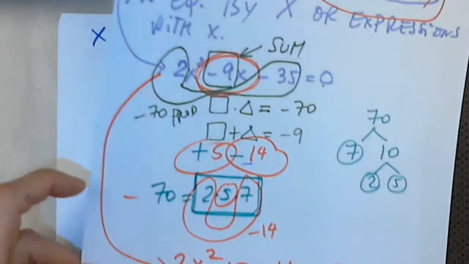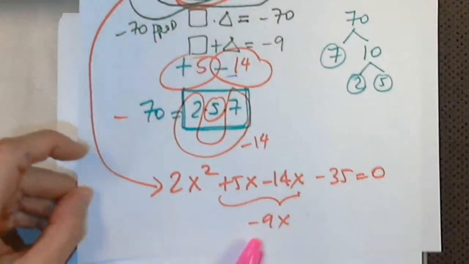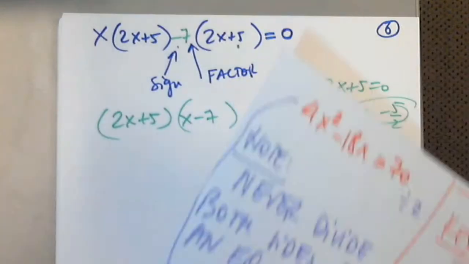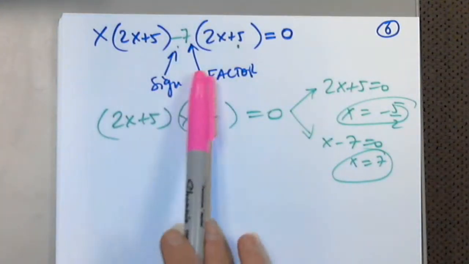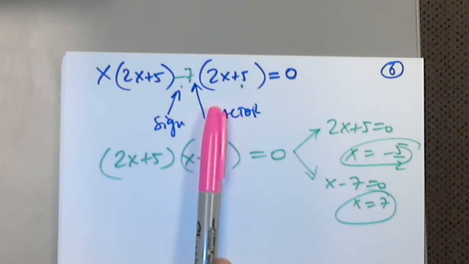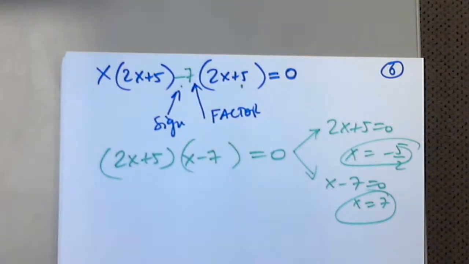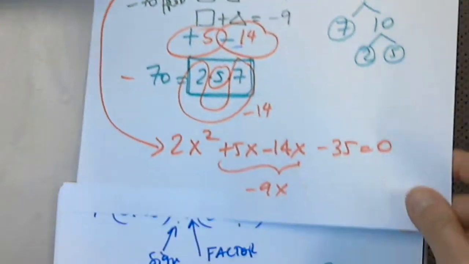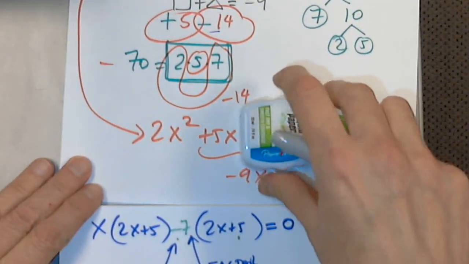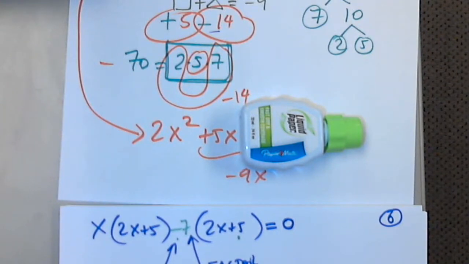So when we were at x parentheses 2x plus 5 minus 7 parentheses 2x plus 5 equals 0. Yes. You covered half of that, and you said, what does this have to be? Wouldn't you already have to pull out the least common denominator, which is the negative 7? When you did that, and you said, what do you have to pull out? No. What I said is, I didn't ask what do you have to pull out.